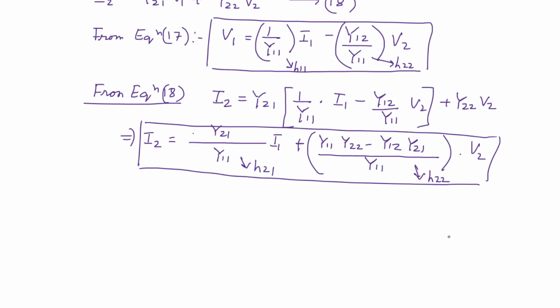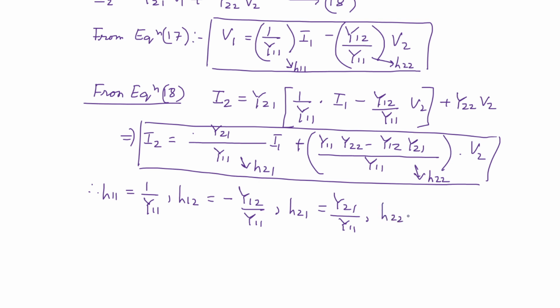So what are the relationships? H11 must be 1 by Y11, H12 must be minus of Y12 by Y11, H21 must be Y21 by Y11, and H22 must be delta Y divided by Y11, where delta Y is this Y11 Y22 minus Y12 Y21.